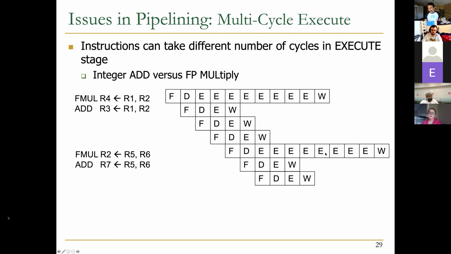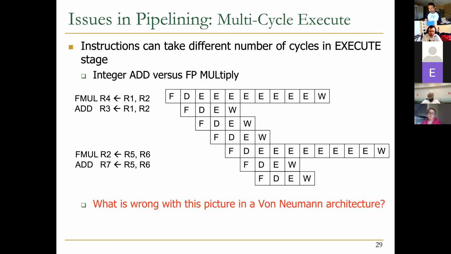So it completely would violate the assumption that we had with the von Neumann model, von Neumann machines, where the sequential execution of the program was not preserved.